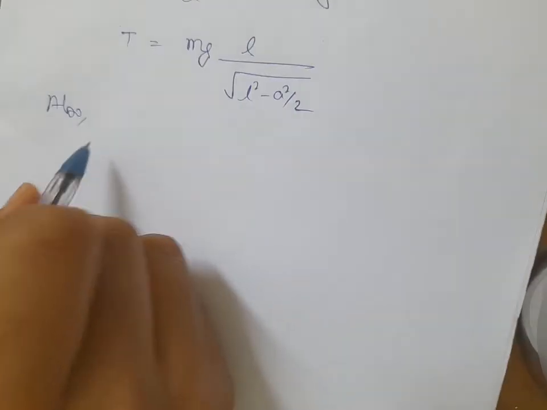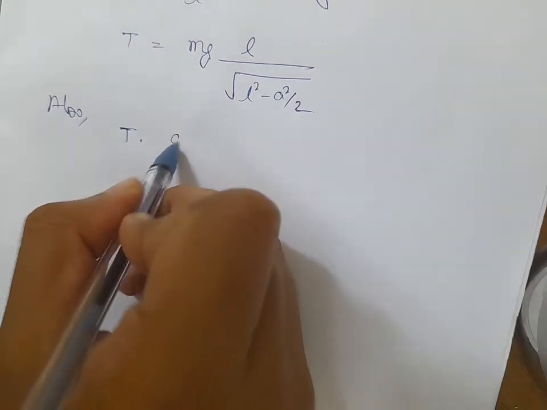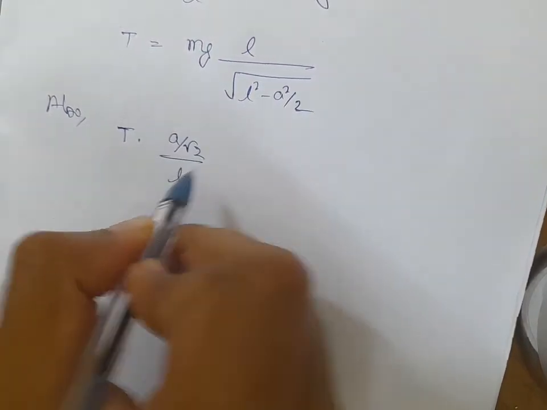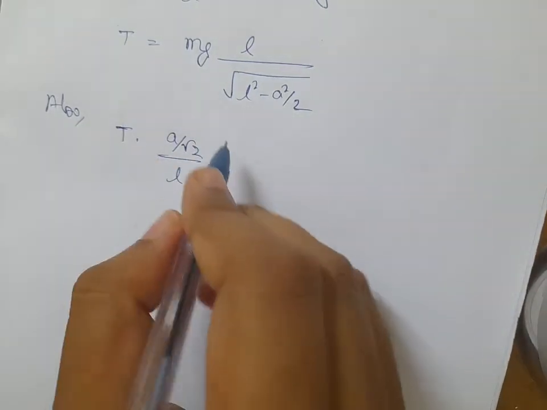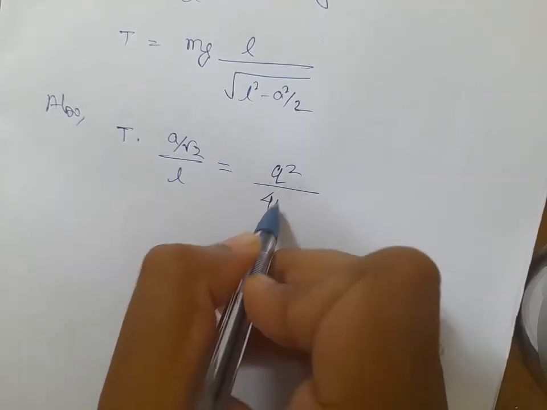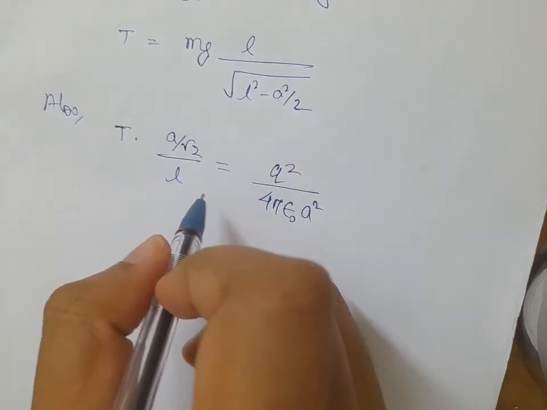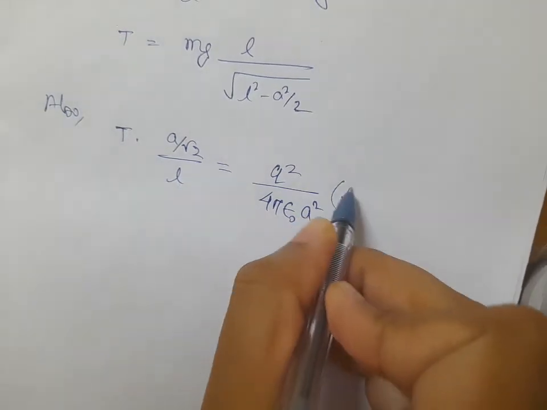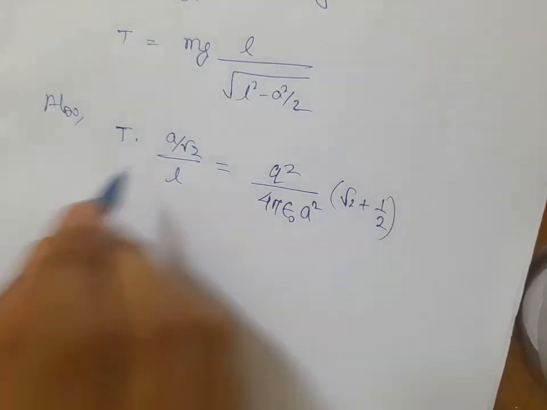Also, T into A by root 2 divided by L is equal to Q squared divided by 4 pi epsilon naught A squared times (root 2 plus 1 by 2), similar to F net.